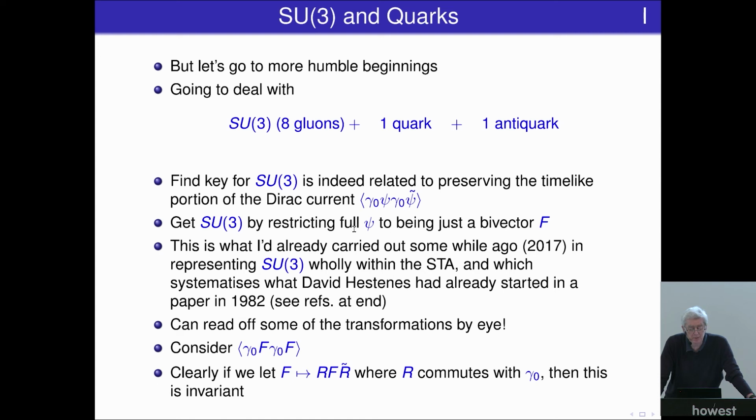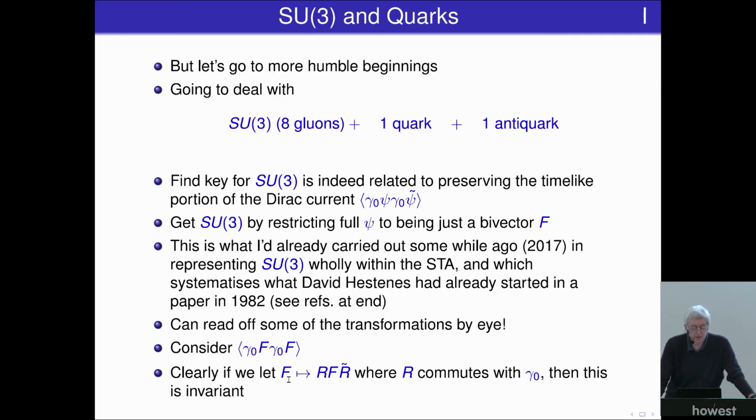And you get SU3 by restricting this psi here to being just the bivector f. Psi is a bivector plus a pseudoscalar plus a scalar. We're going to pull out the f bit and ask what would preserve that. And you can read off some of the transformations by I. So consider, let's just put f here.